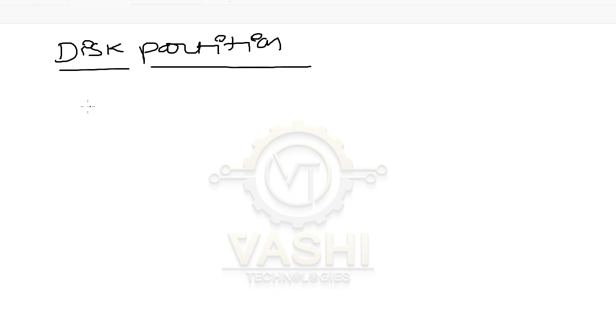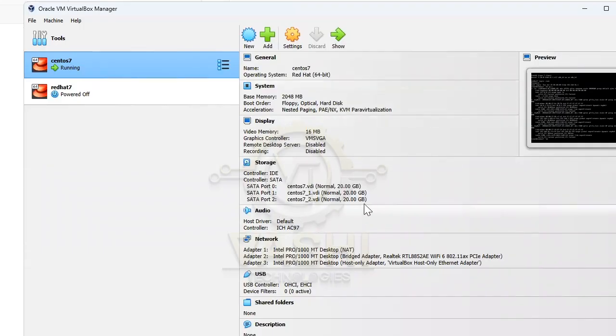Disk partition. So what is disk partition? When you install the OS, how much GB is assigned? How much GB is taken for the disk? Something like 20 GB, right? You took the 20 GB for the disk partition, right? So here, how much did you create?